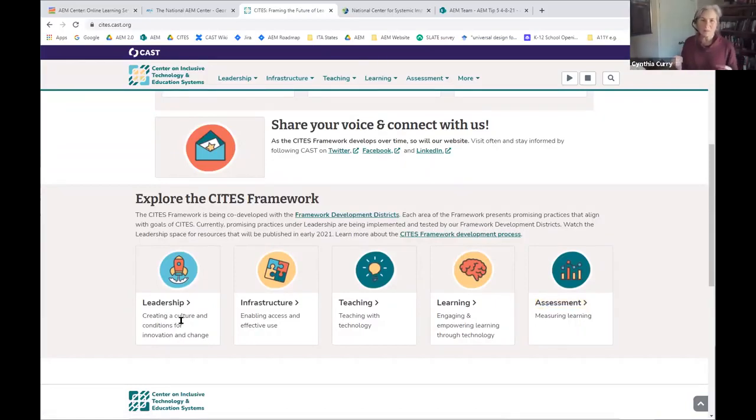So the leadership practice phase of identifying and testing some practices related to leadership within districts that support provision of accessibility. That is where most of the time for the CITES team and the work of these districts has happened.